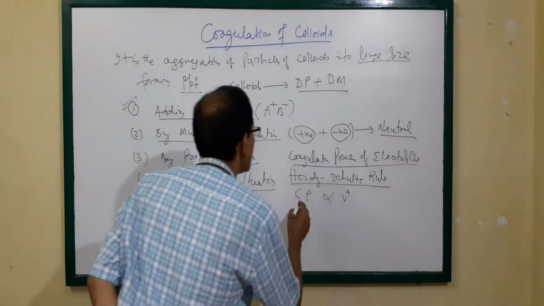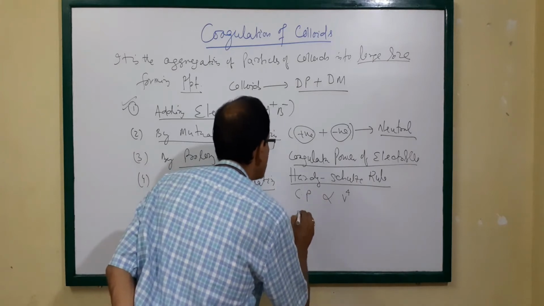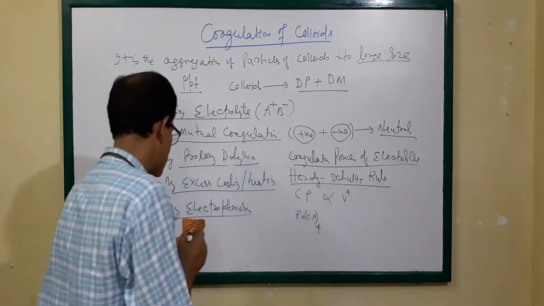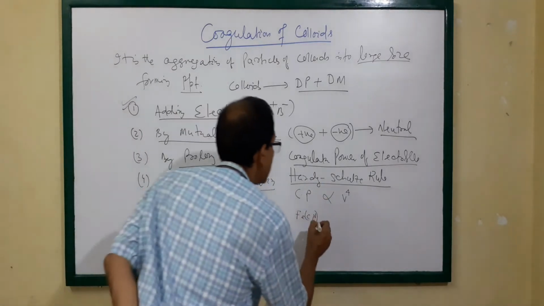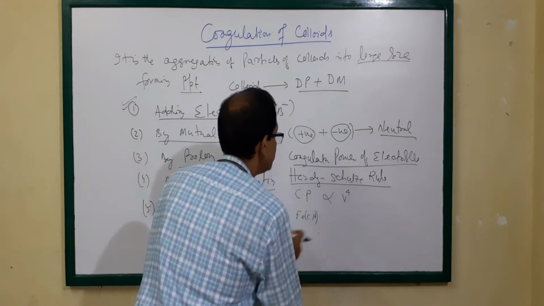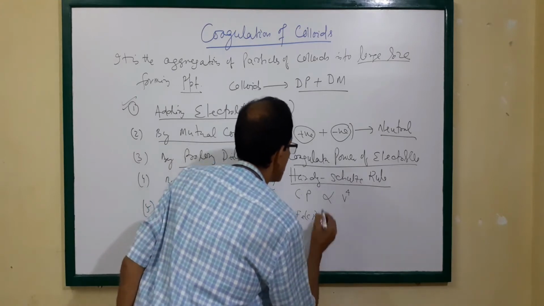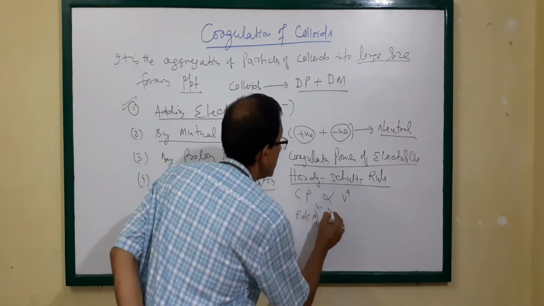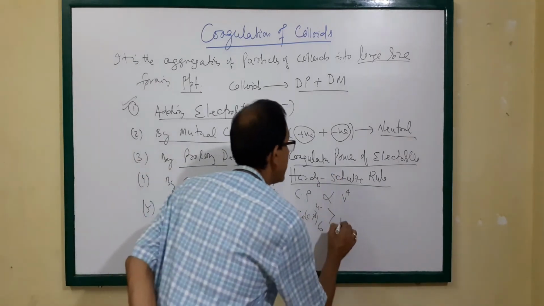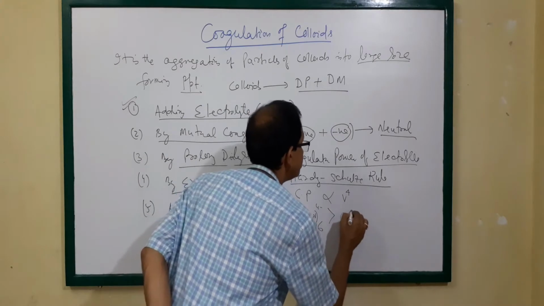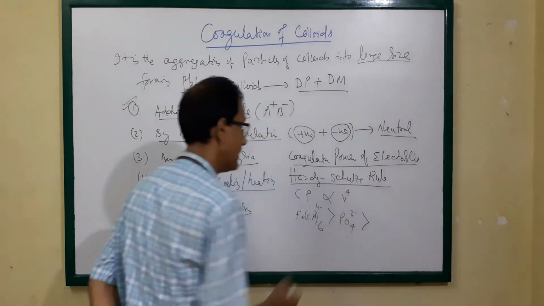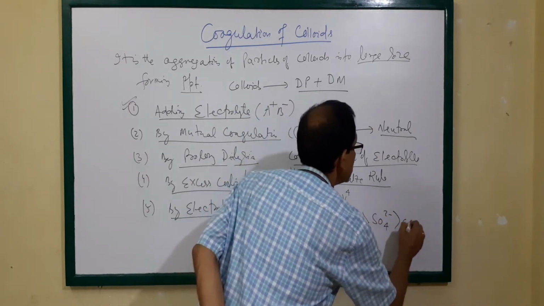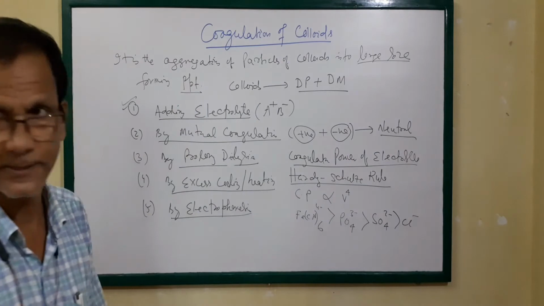Here, the coagulation power will be ferrocyanide ion greater than phosphate ion, greater than sulfate ion, greater than chloride ion, like this.